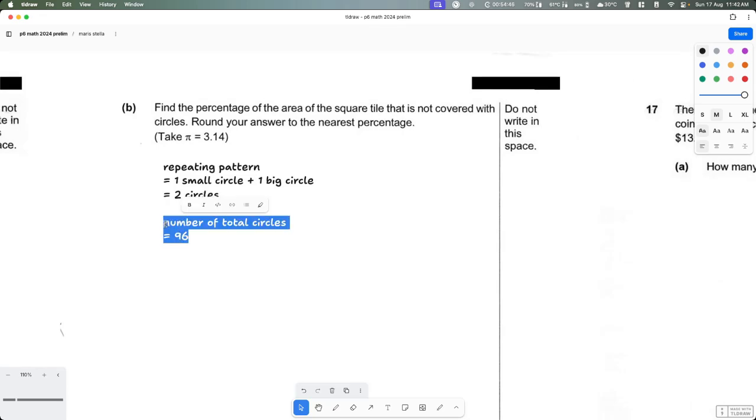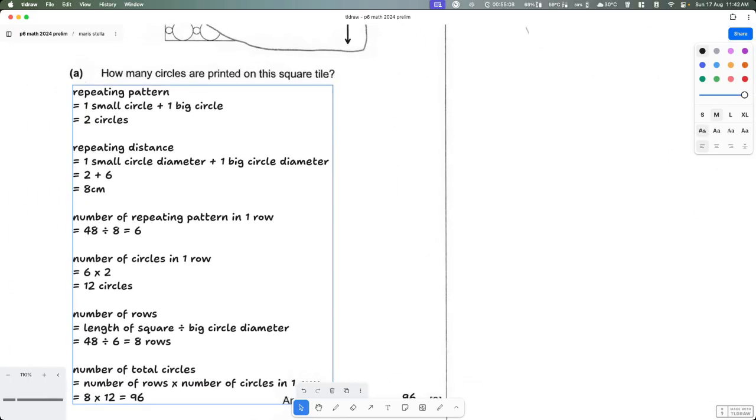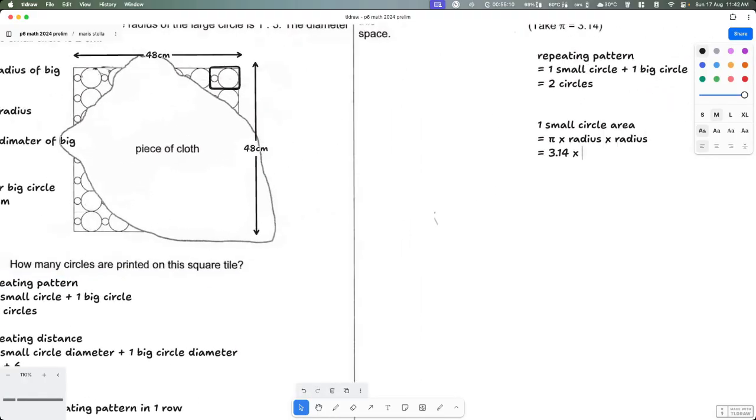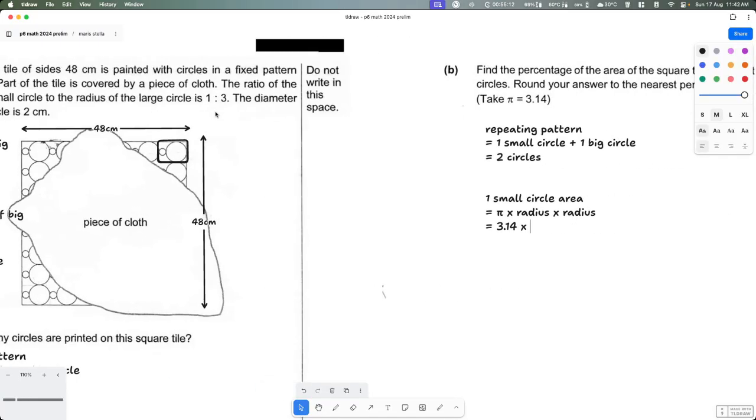So for that, one small circle area is equal to the area of a circle, which is pi times radius times radius. Pi is 3.14, and what's the radius for this? Radius of small is 2, right? Small circle is 2.